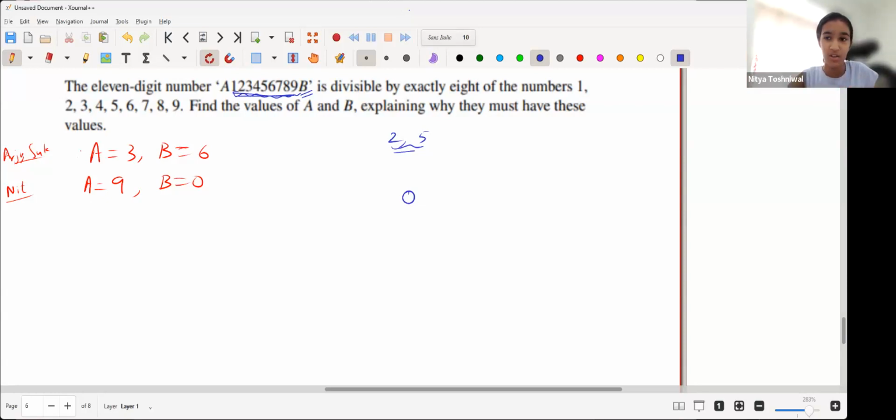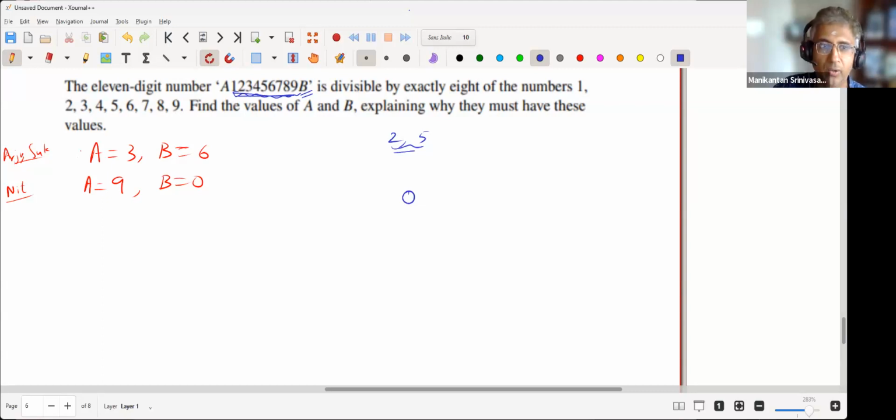So we want to make sure it affects as few digits as possible. Having a number at A can only affect 2 numbers, 7 and 9, since the rest are based on the ones, tens, hundreds, thousands digits. And so I chose 9. Okay. You're not wrong.